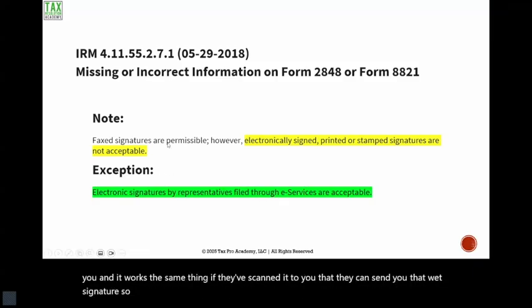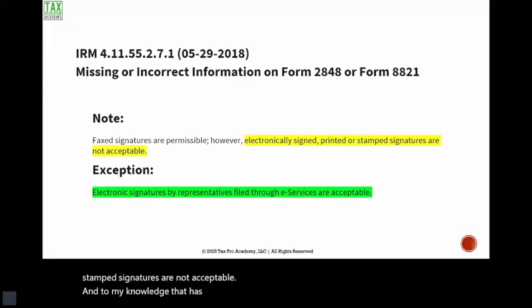So they put pen to paper. And here it says electronically signed, printed, or stamped signatures are not acceptable. And to my knowledge, that has not been changed.